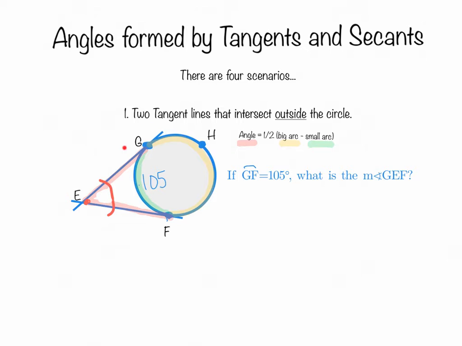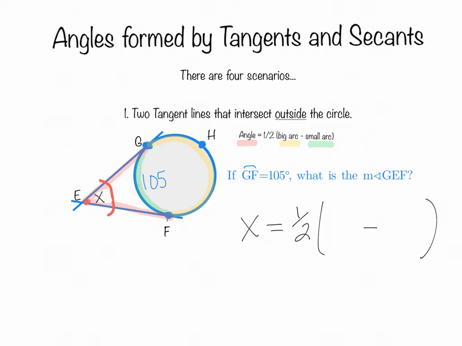That would be this angle right here, G to E to F. So that angle is what we're looking for. We'll call that angle X. It's equal to half of the big arc minus the small arc.